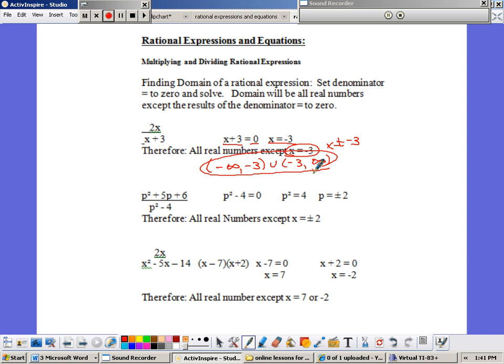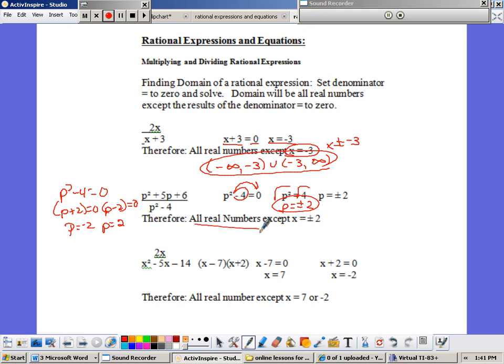Okay? So we're going to take this denominator and set it equal to 0. I'm using the square root property. I'm bringing the 4 over, and I square root both sides, and p is equal to plus or minus 2. But I could have used factoring: p squared minus 4 equals 0, p plus 2 equals 0, p minus 2 equals 0. So p equals negative 2, p equals positive 2.